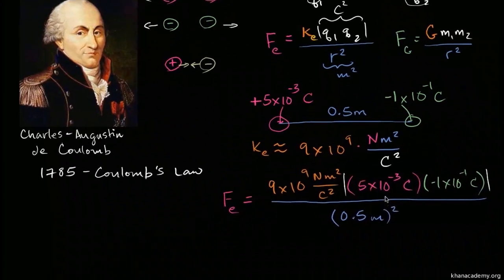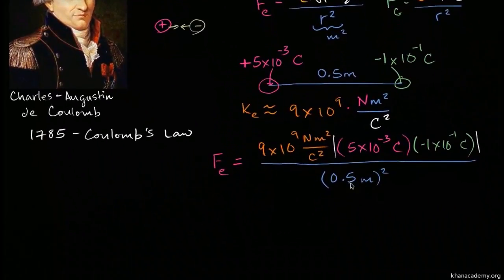And so let's just do a little bit of the math here. First of all, let's look at the units. We have coulomb squared here, and then we have coulombs times coulombs there. So that's coulomb squared divided by coulomb squared, and that's going to cancel. Let me just write it out. In the numerator, if we say 9 times 5 times, well, we take the absolute value, 5 times negative 1 is negative 5, but the absolute value there, so it's just going to be 5 times 9.